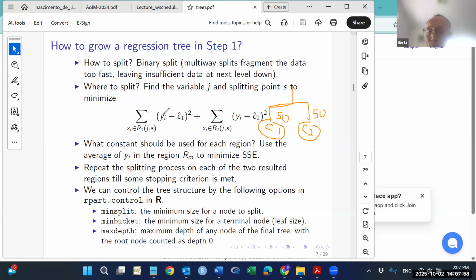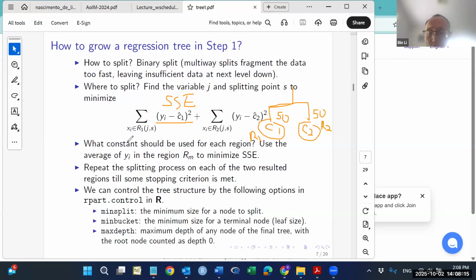Now suppose we are using the sum of squares error. Let's say we have C1 and C2 here. C1 is for region 1, and C2 is for region 2.